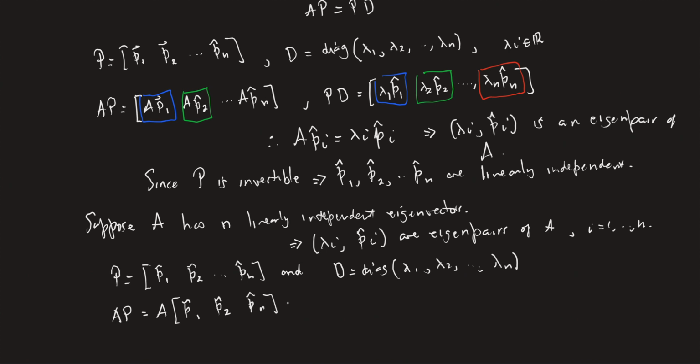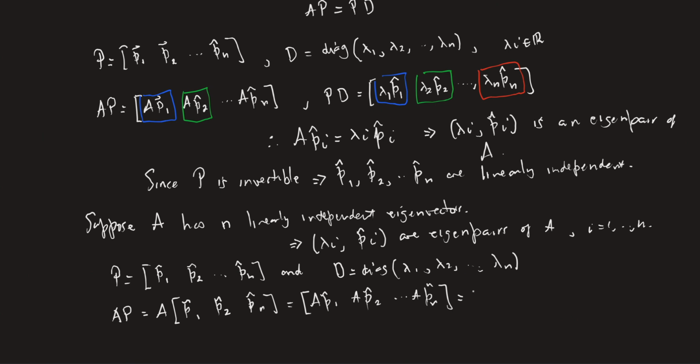And what does that give us? Well, it would be A times P1, A times P2, dot dot dot, A times Pn.